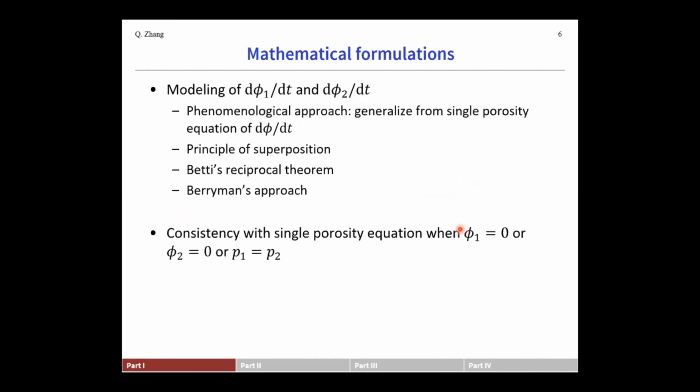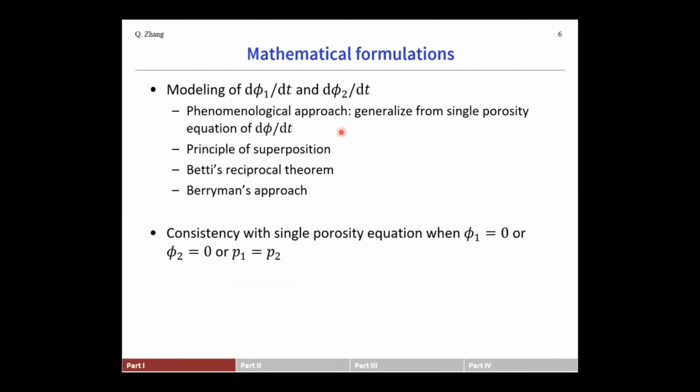The first constitutive law is the modeling of the porosity change with time. Here I have provided 4 approaches. The first one is the phenomenological approach, which means that we will generalize from the single porosity equation of d phi dt.